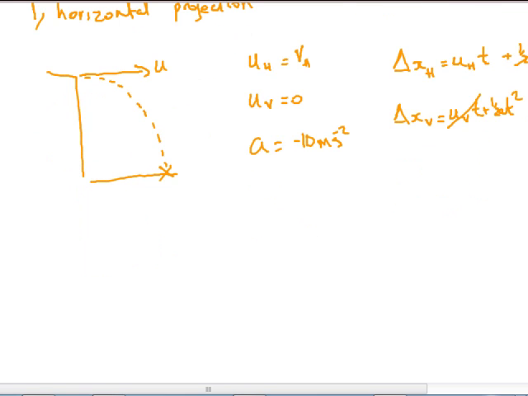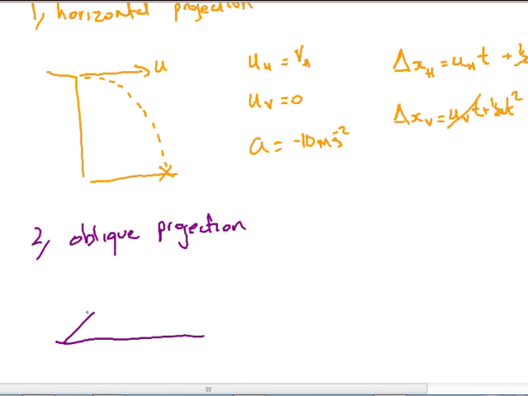Okay, second form is oblique projection. And that's where it's launched on an angle, and we get that parabolic path. So it's launched with some initial velocity u.